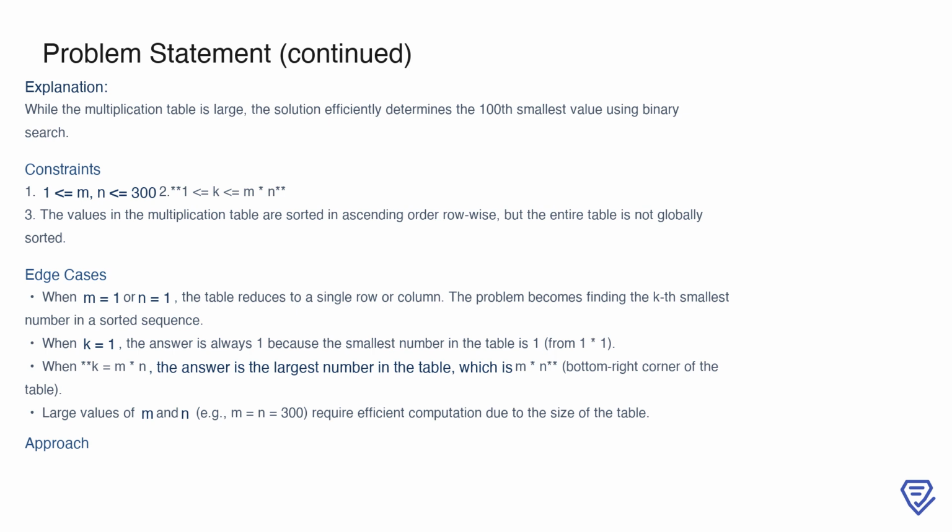For a larger example, let's take m as 300, n as 300, and k as 100. The multiplication table in this case is massive, containing 300 rows and 300 columns. Despite its size, we can still determine that the 100th smallest value in this table is 10. The solution achieves this efficiently without directly generating or sorting the entire table, which would be computationally expensive.